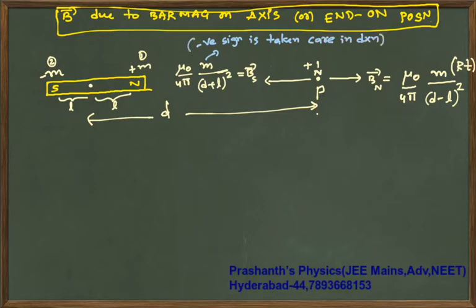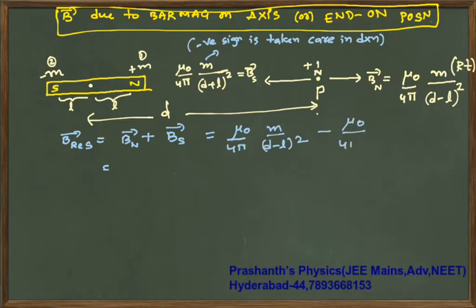Now your resultant magnetic field, B resultant, is B bar because of the north pole plus B bar because of the south pole. So you have to consider the directions. That will give you mu naught by 4 pi into, I will keep it positive, m by (d minus l) whole square i cap, minus mu naught by 4 pi into m by (d plus l) whole square i cap.